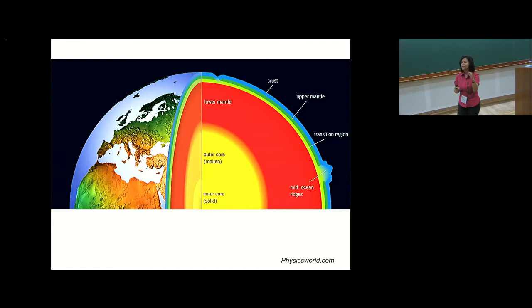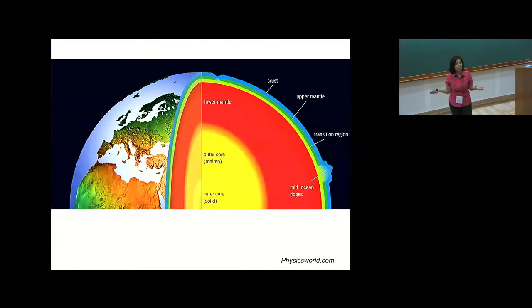And the deepest hole that we have ever dug is only 12 kilometers. Somewhere in Russia, they wanted to dig more, but the temperature was so high. As you know, as you go down inside the Earth, the temperature increases. There was so much heat flow that the instruments all malfunctioned, so they couldn't dig deeper. So that's the deepest that we have ever gone.